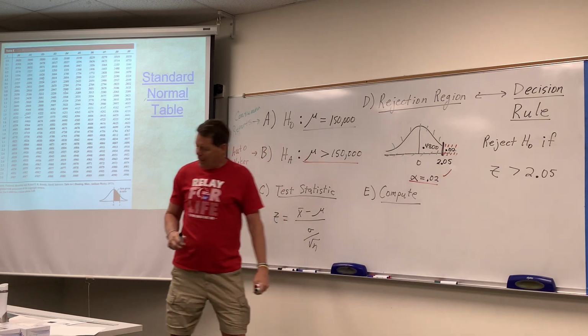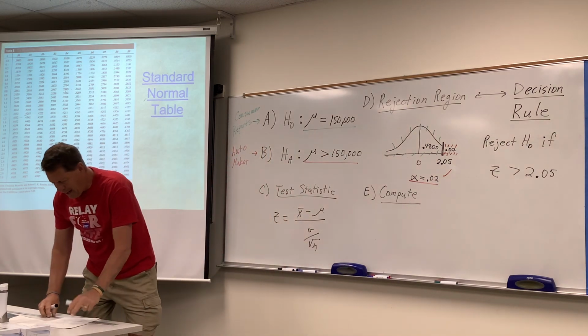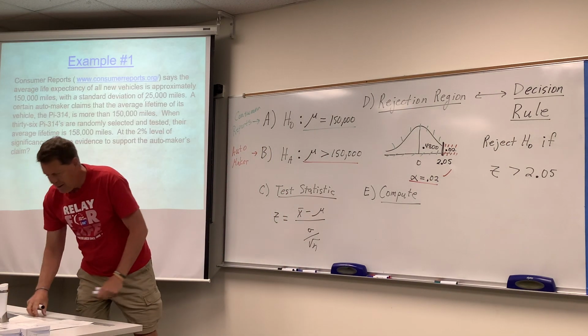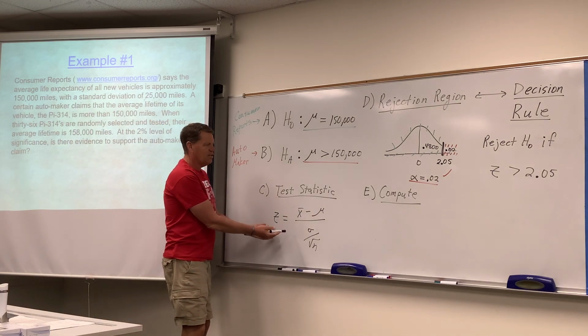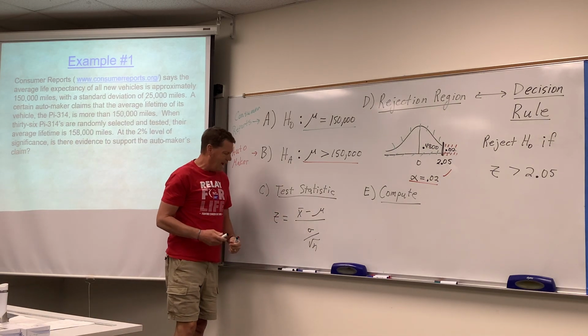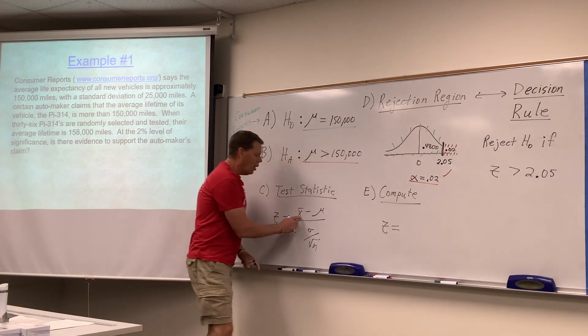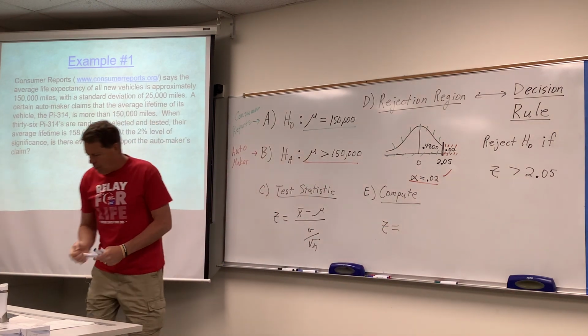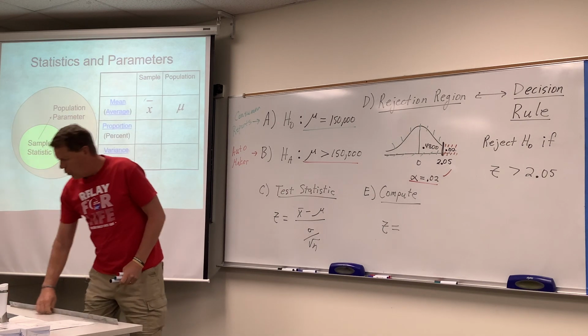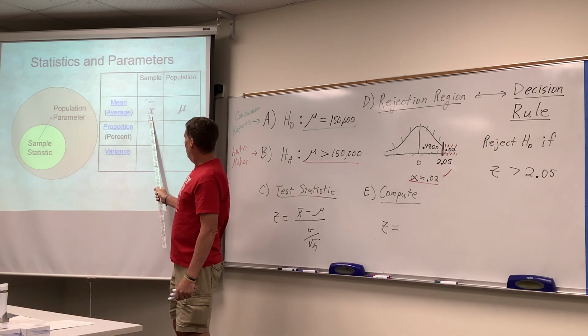Now, here we go. We go collect data, and we plug numbers into our test statistic. We do the compute step now. All right, so z equals. I want to remind you that x bar would be the symbol we've talked about many times for the mean of a sample.